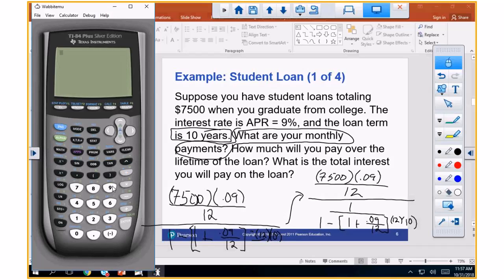Now we're going to do the bottom. 0.09 divided by 12 equals, plus 1 equals, raised to the 120th power. We're going to subtract that from 1. That's not right.